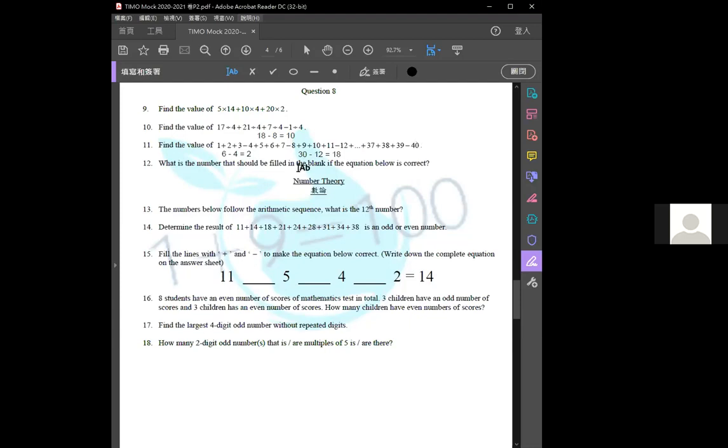So we assume that there's 10 groups. The first group's remaining number is 2 after subtraction. The second group is 10. The difference between the 2 is 8. And this one is 18. So we have some sort of equation here. Since this one should be 26, 18 plus 8, 24.